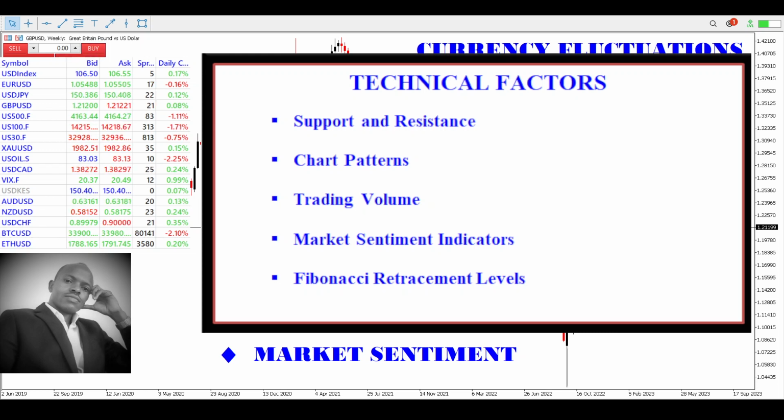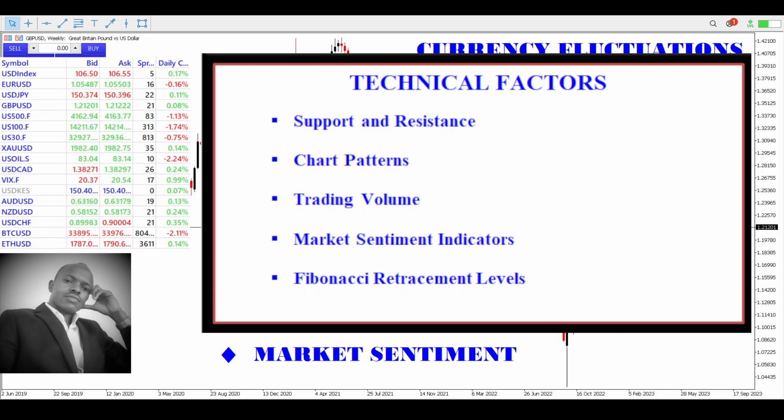When they take a perspective on such, they might decide whether they are going to buy or sell, depending on the volume that appears to be available in the market. As such, it's noted that high volume often confirms the validity of a price trend. So when there is high volume, then a technical trader is likely to buy such a currency.